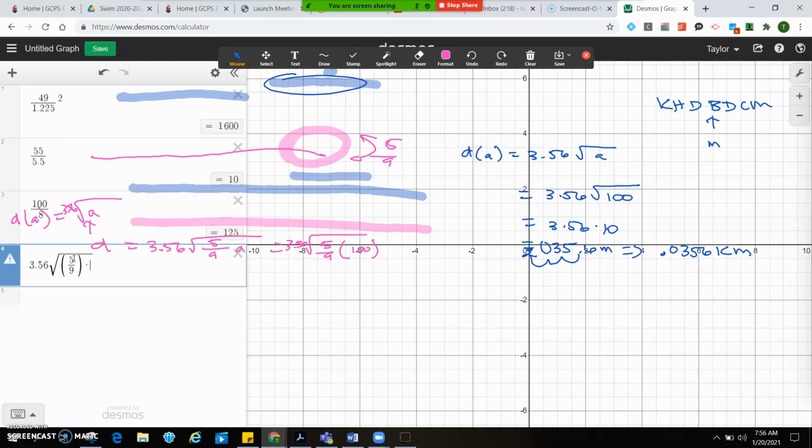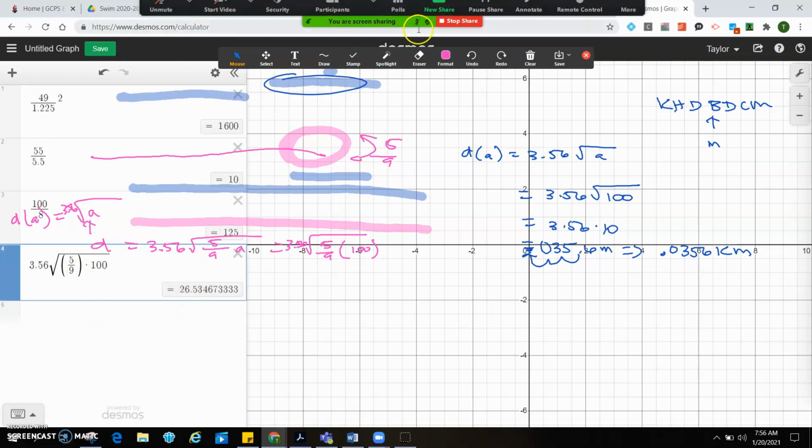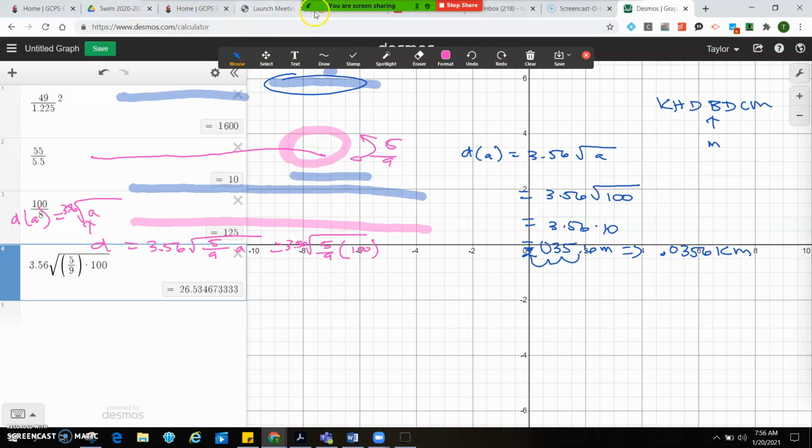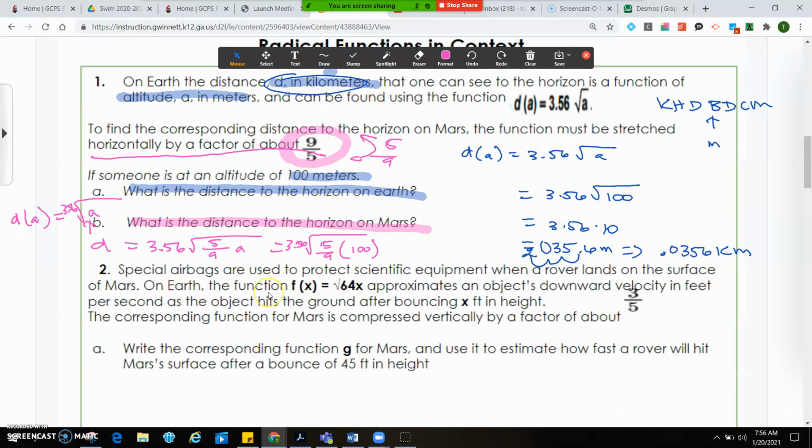That's going to give you 26.53. Now remember, we need it to be in kilometers because that's what they want us to write it out in. So we're going to move this 3 units to the left. So this is going to be 0.02653 kilometers. Okay.